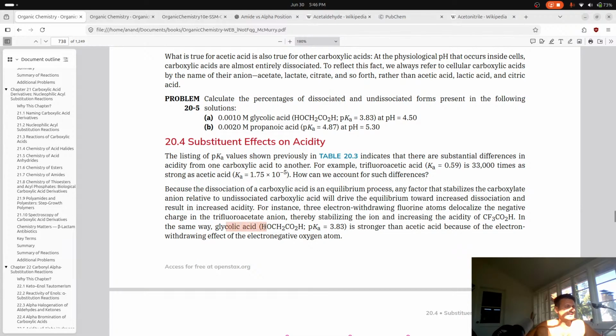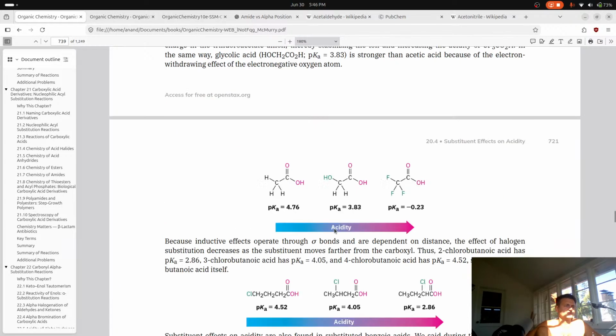In the same way, glycolic acid is stronger than acetic acid because of the electron withdrawing effect of the electronegative oxygen atom. So here we have acetic acid, glycolic acid, trifluoroacetic acid.